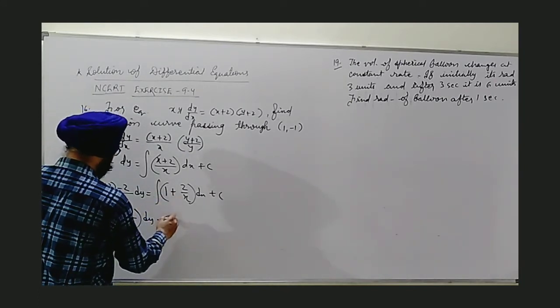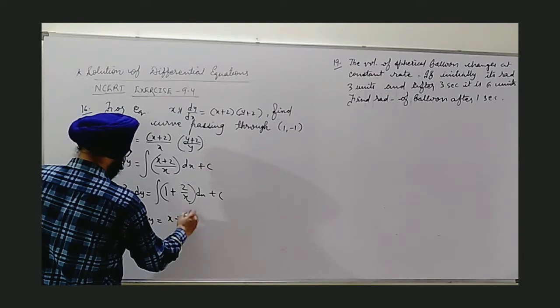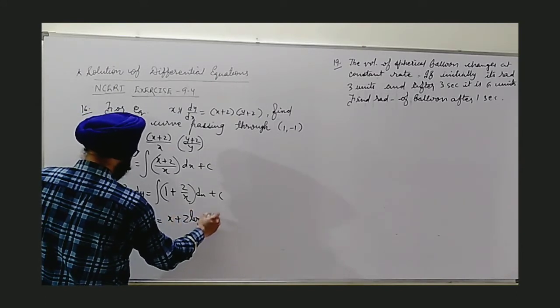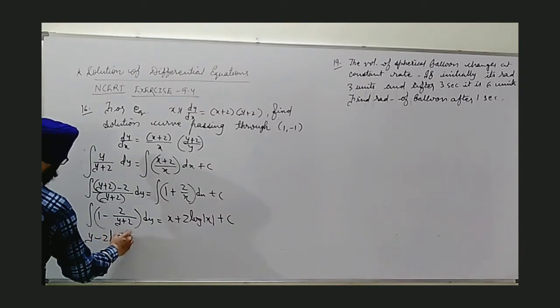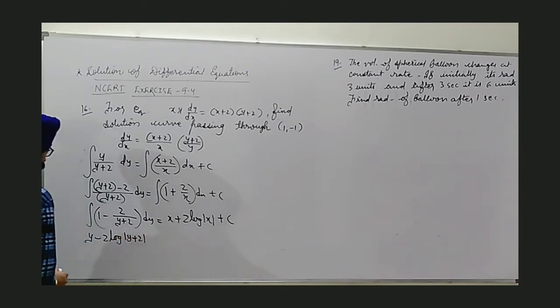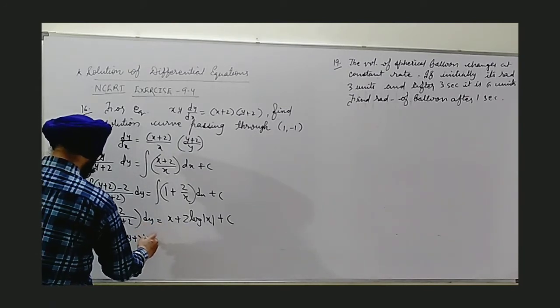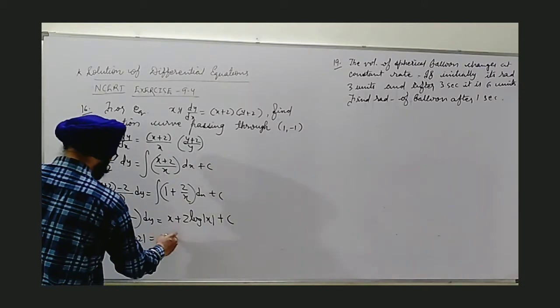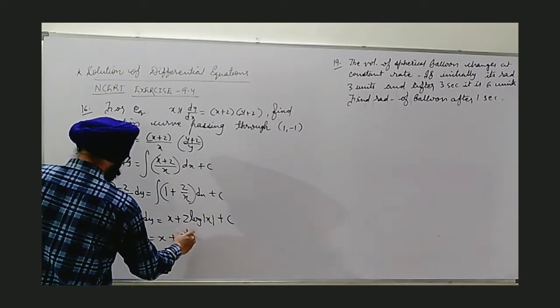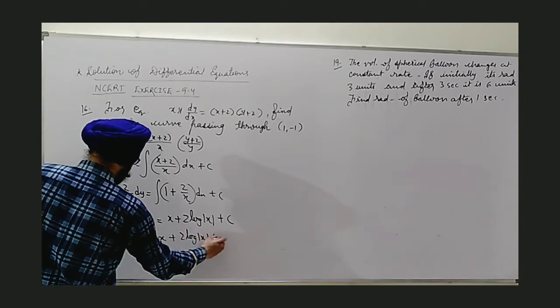So it becomes x plus 2 log mod x plus c. This can be written as y minus 2 log mod (y plus 2) equal to x, as it is linear, so I have written directly, plus 2 log mod x plus c.